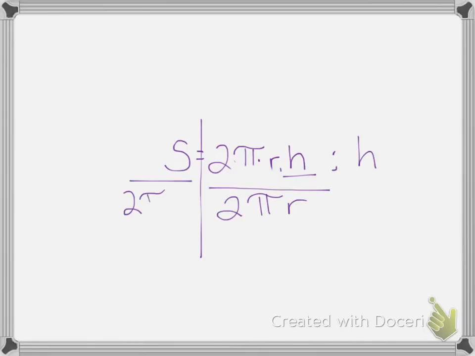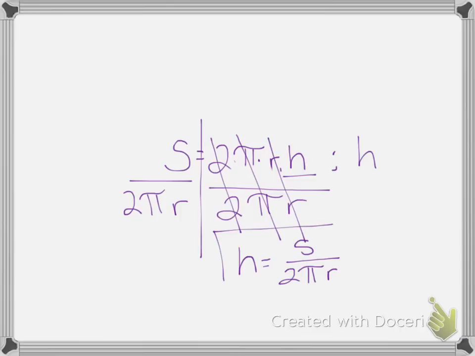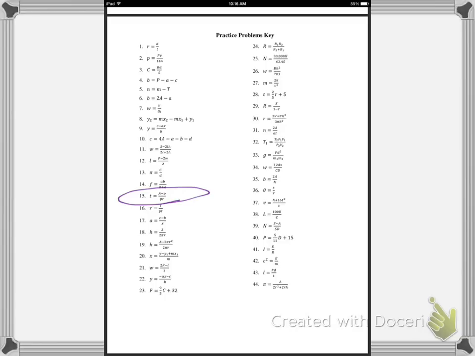The 2's cancel out. The pi's cancel out. And the R's cancel out, leaving H. And then we have our answer. H is equal to S over 2 pi R. Should we go back and check? This was number 18. H is equal to S over 2 pi R.